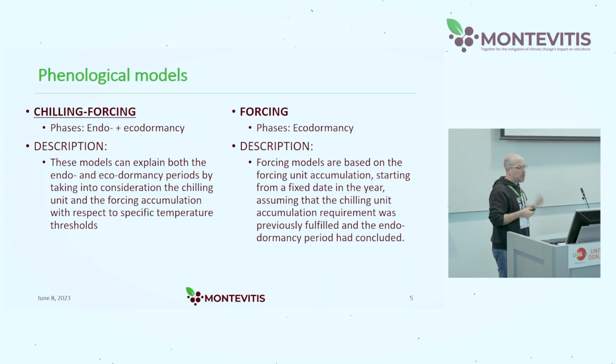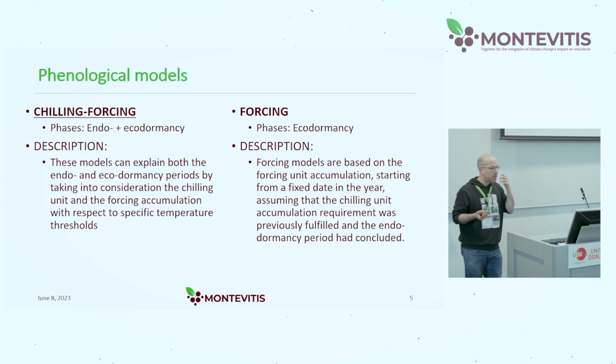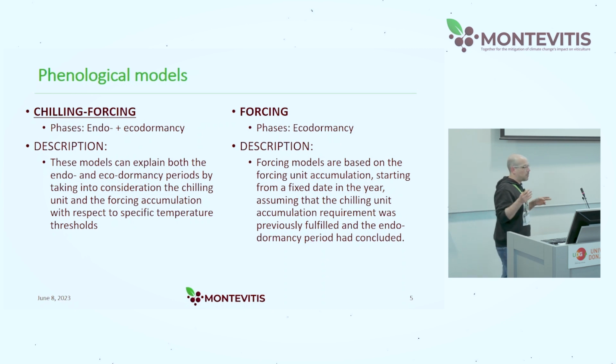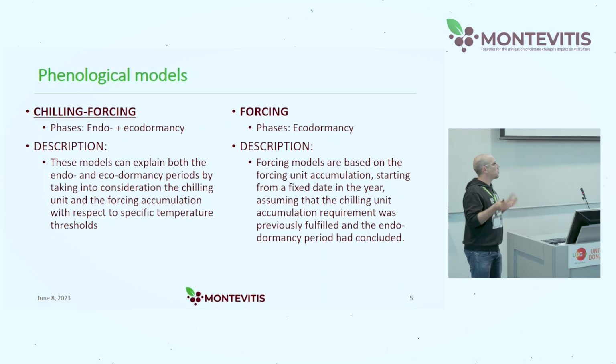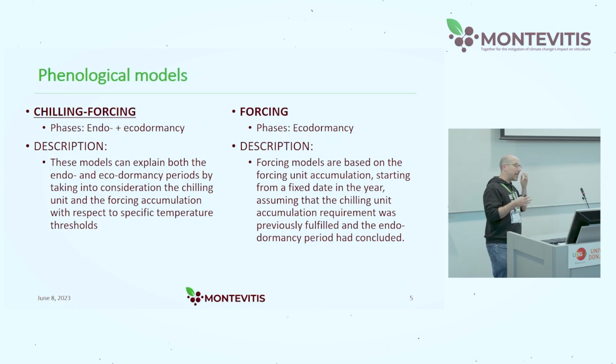Usually these models can explain both, okay? And usually the models start at the end or the beginning of August or something like this, because, as they said before, the models should start on a regular day.